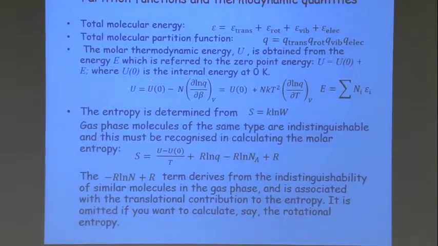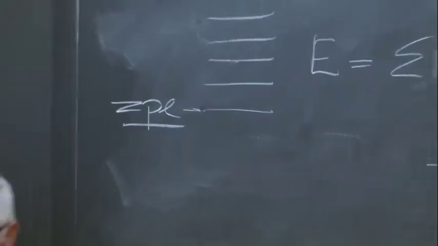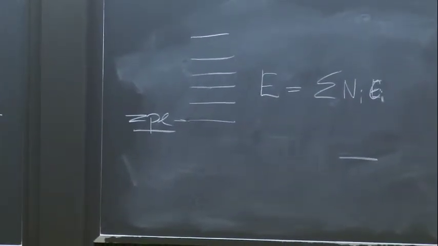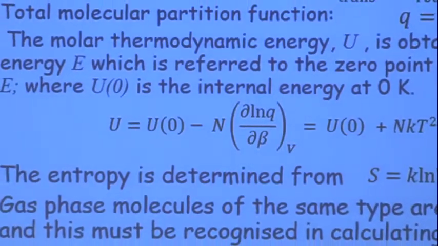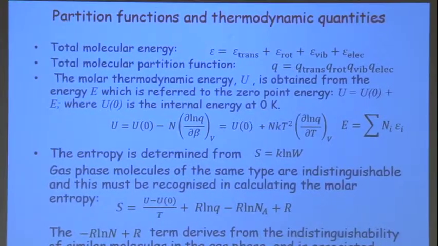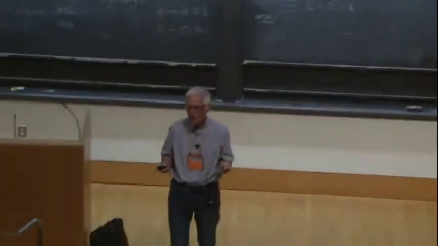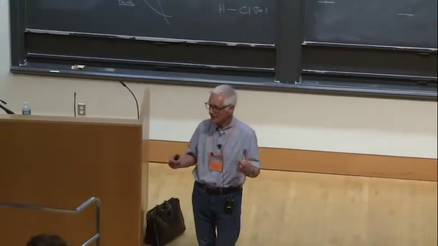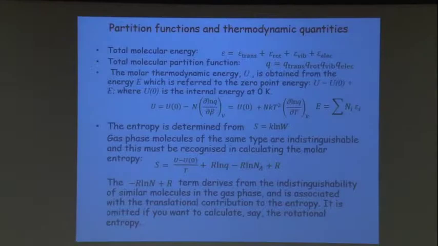And we define that energy as being equal to U naught, which is the energy of the zero-point level referred to this common energy zero, plus N times, which is the total number of molecules, d log q by d beta, which is U naught plus NkT squared d log q by dT at constant V. So we simply need to take the partition function, take its logarithm, differentiate it, and then we can get the total energy. Very straightforward. The entropy is defined from the Boltzmann expression, S is equal to k log W.